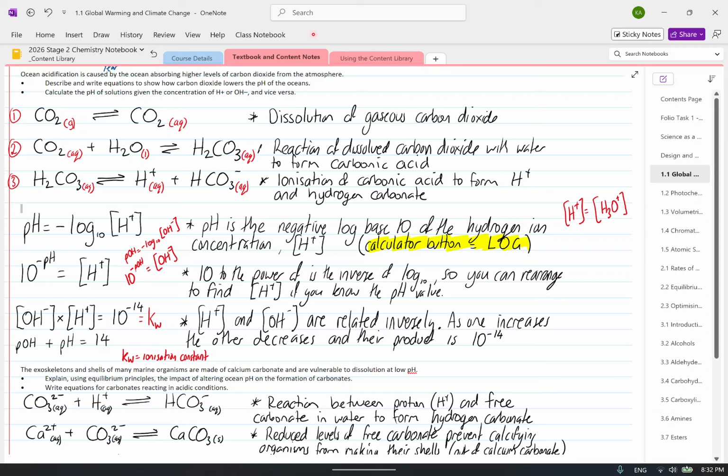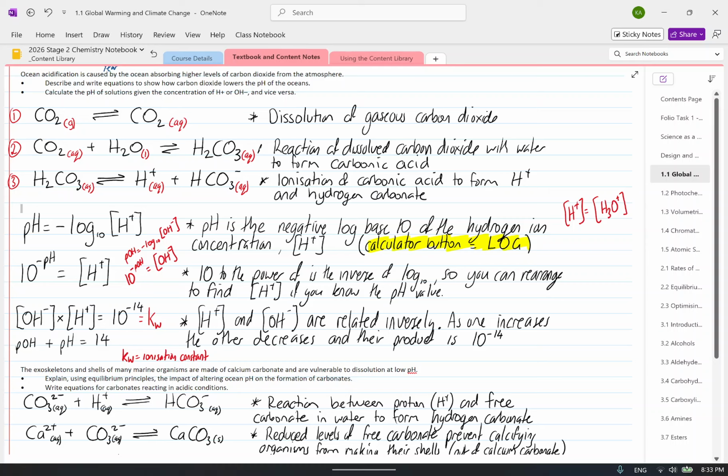Similarly, to find the pOH, you take the negative log base 10 of the hydroxide ion concentration. And as with hydrogen ion, 10 to the power of negative pOH will give you your hydroxide ion concentration.